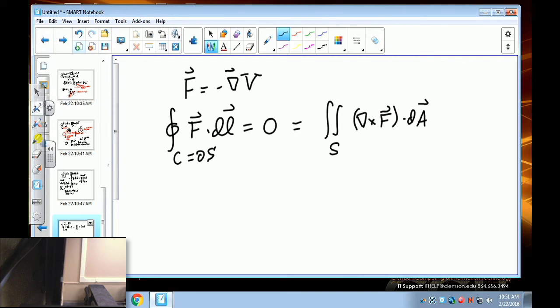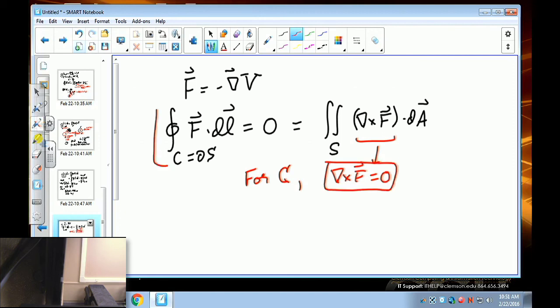And if this is 0 for every path, we can change the shape of the path. Then we can argue that if this is true for all paths C, then the curl of F must be 0, and that this is equivalent to the statement that the net work done around a closed path is 0.